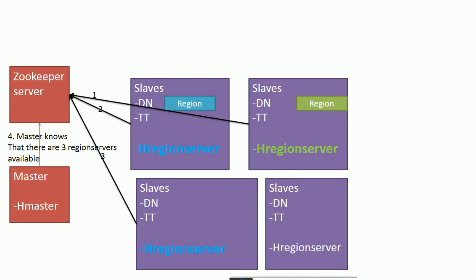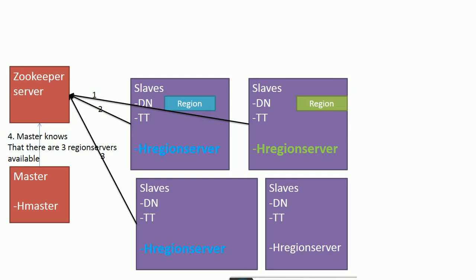Okay, so as soon as more HRegion servers are coming live, they will keep on sending heartbeats to Zookeeper, and this will make HMaster aware of how many region servers are running, and accordingly it can plan to share the load of regions. Regions are nothing but your tables, or basically a table is organized into one or more regions.